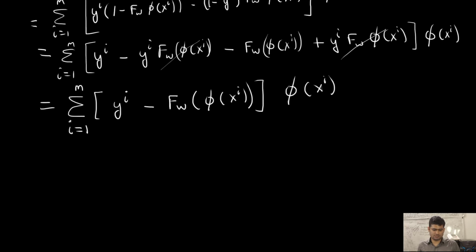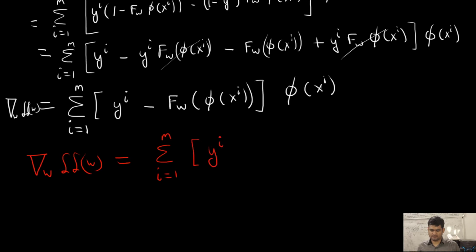So this is the gradient of the log likelihood function. We can simply write it as: the gradient of the log likelihood function is simply the sum over all i equal to 1 to n of y_i minus f_w of phi of x_i, times phi of x_i.